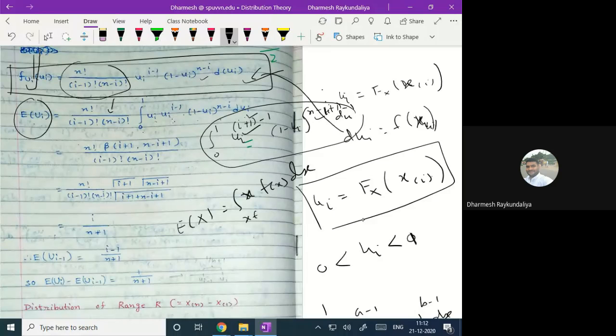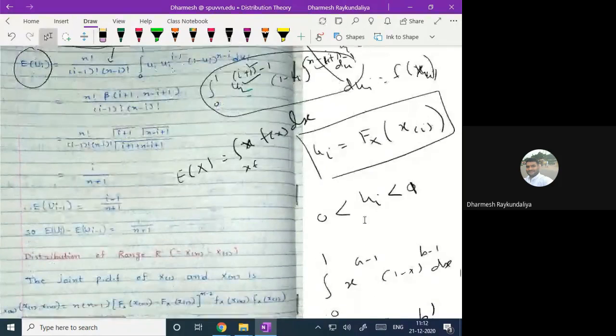So this is that. अब इसको आप सिंप्लीफाई करो तो क्या आएगा, gamma i plus 1 gamma n minus i plus 1 upon gamma i plus 1 plus n minus i plus 1. The i cancels out, it is n plus 2. Gamma n plus 2.